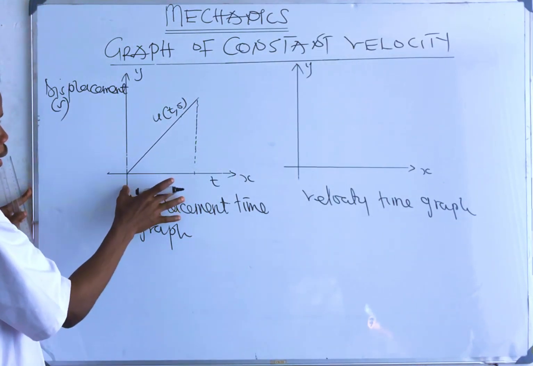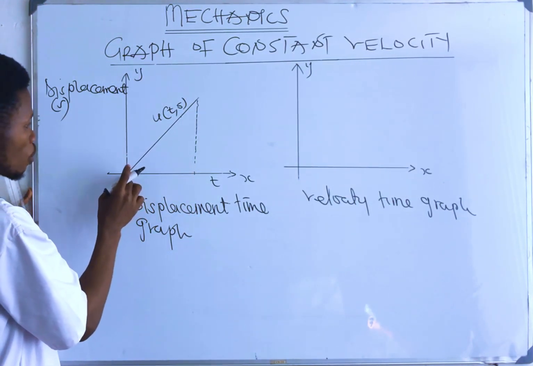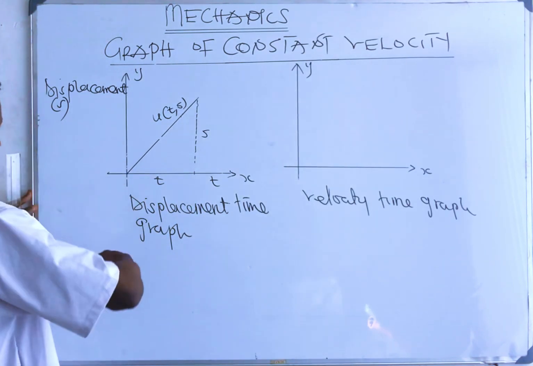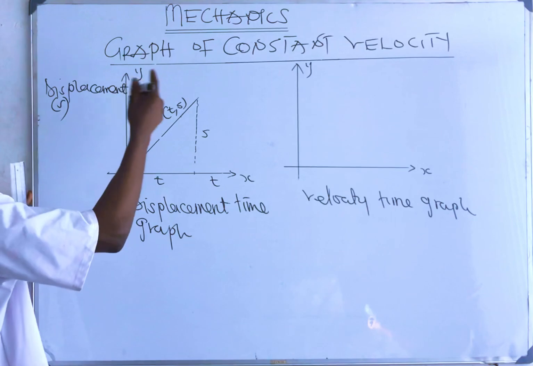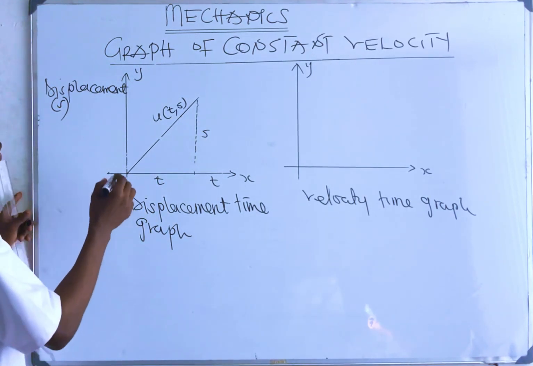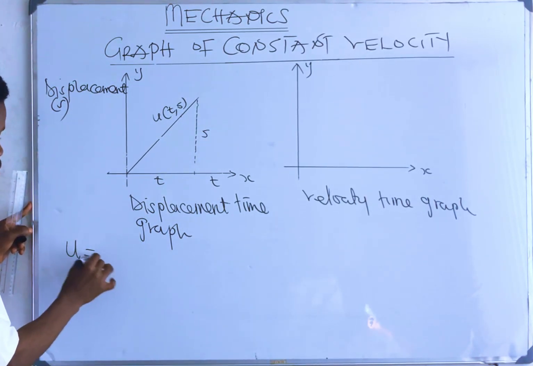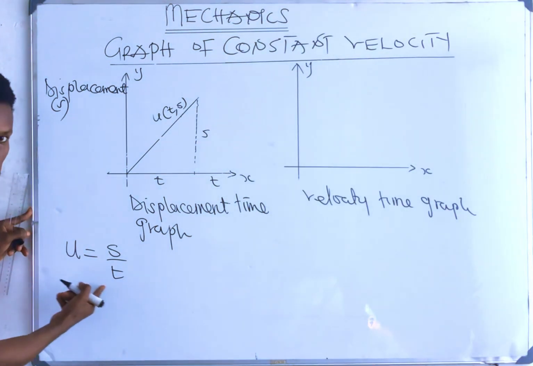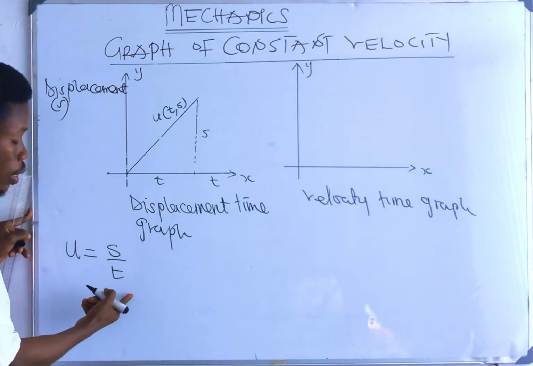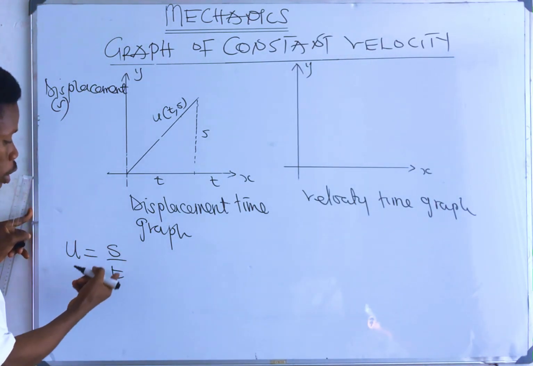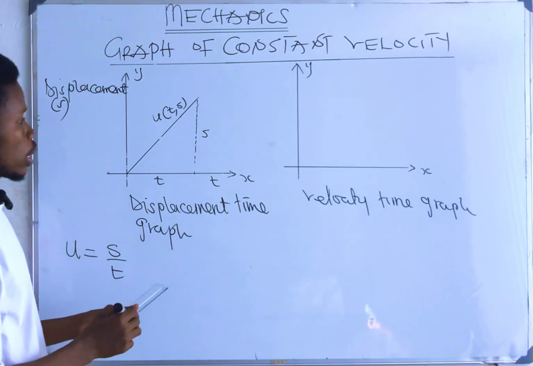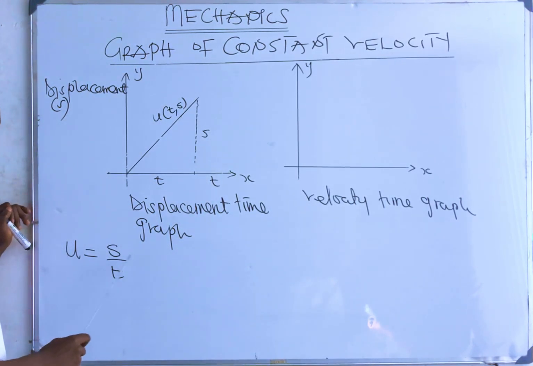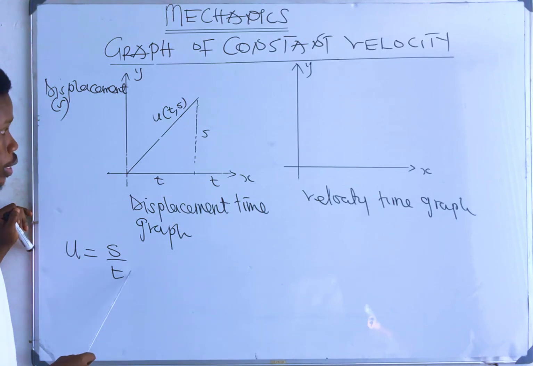From here to here is our time, and from here to here is the displacement. So my u, which is the velocity, will be s over t, and that is the definition for velocity, which is displacement over time. So the displacement-time graph gives you velocity, and that gives you the gradient.